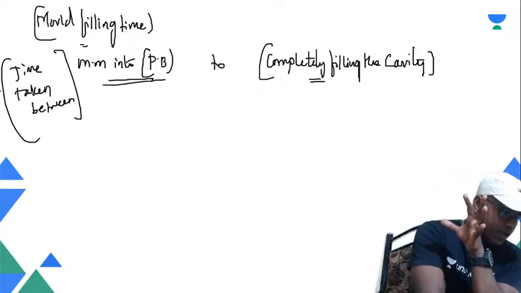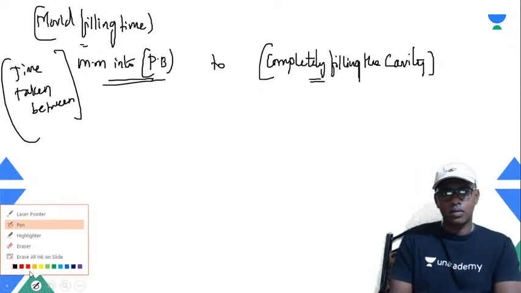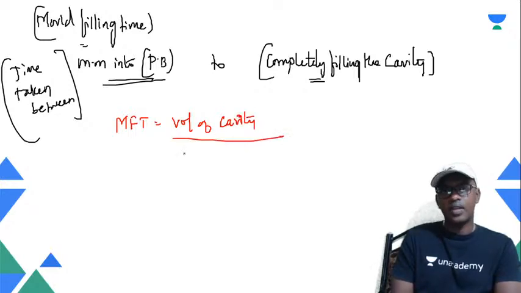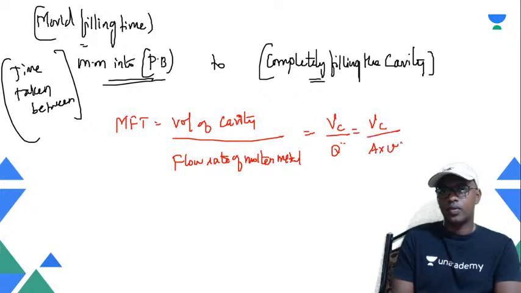Okay, the time taken between we are talking about, hope it is fine. So this can be written as the volume of the cavity divided by the flow rate of the molten metal, which is equal to Vc divided by A into V. That is nothing but the volume of the casting or the cavity divided by the choke area into root over 2g h of t.